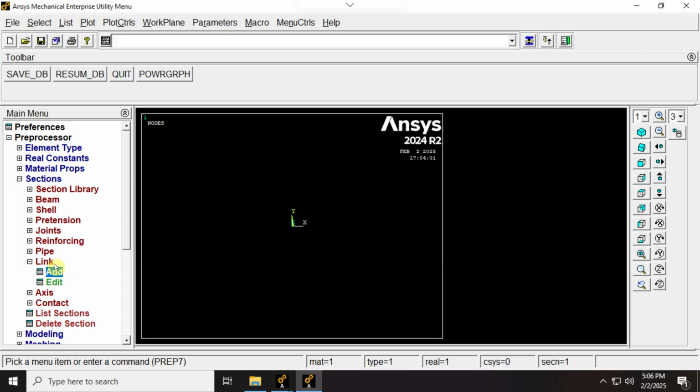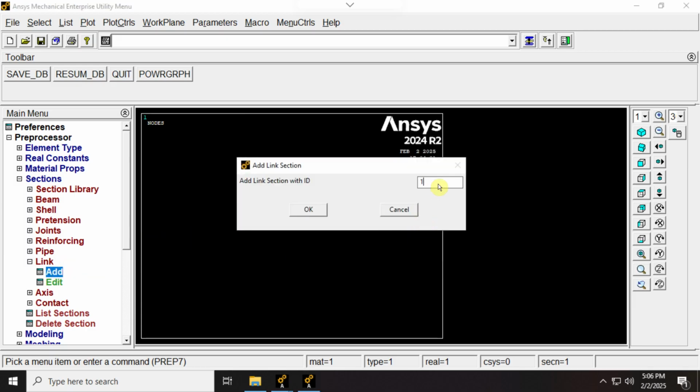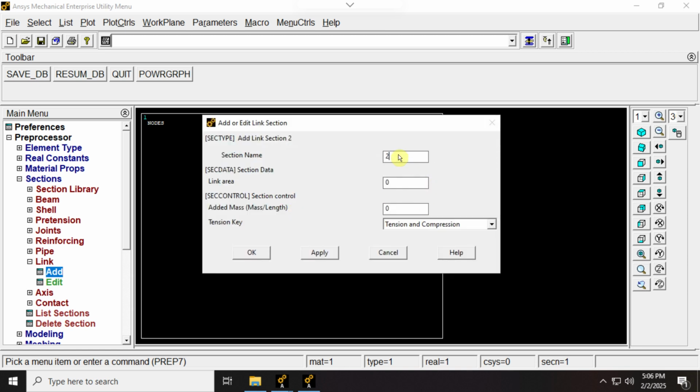For the aluminum, section number 2, the area is going to be pi times the radius squared. I'm sorry, the radius is 0.75 inches. So pi times radius squared is going to give me 1.76715. All right, so sections are defined.